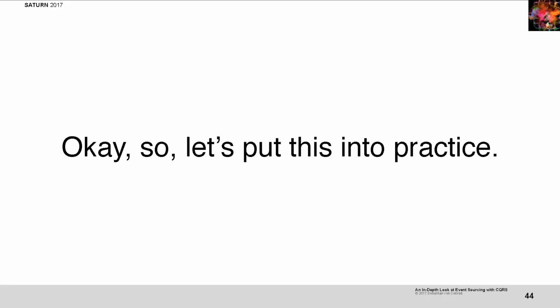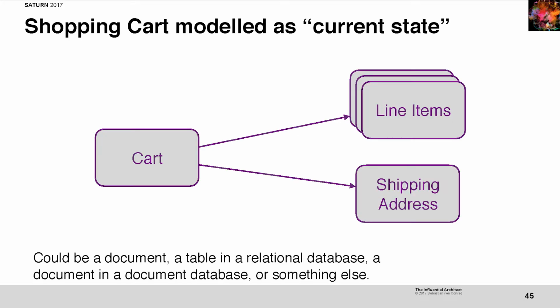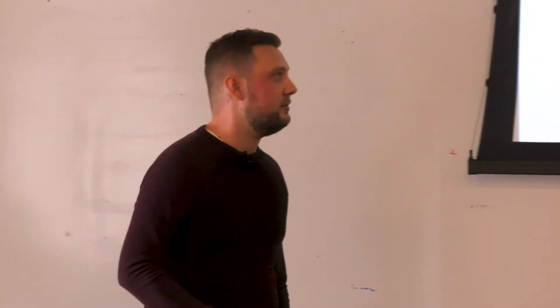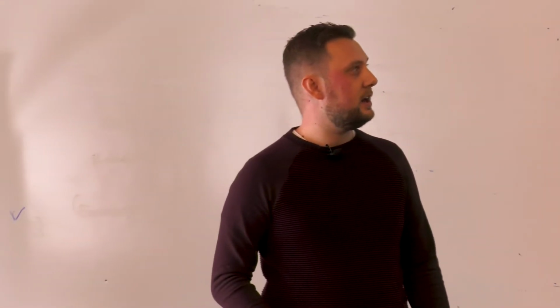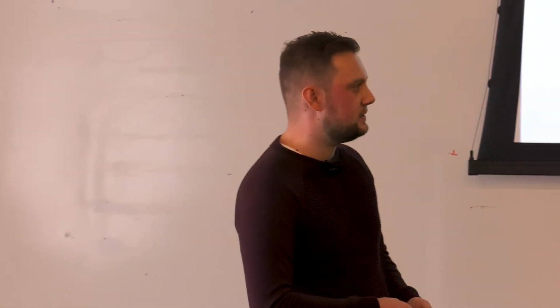All right, so let's put all of what we know so far into practice. If I have a shopping cart and I have a current state model, my shopping cart might look something like this. There would be some sort of cart object or model that would have a relationship to some line items, which are the items that are in the shopping cart, as well as the shipping address and so on and so forth.